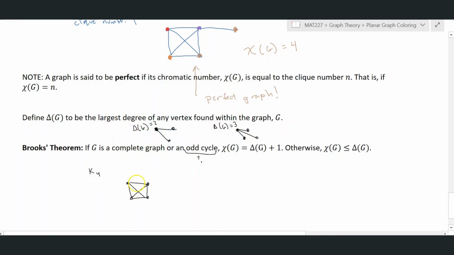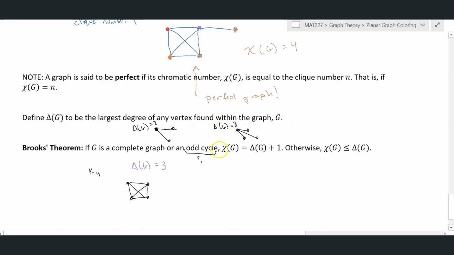Now, all of these vertices in a complete graph, K4, have 3 edges, right? So that means that the delta G for this graph is going to equal 3. That's the largest degree of any vertex. In fact, all of them have delta G equal to 3, but 3 is the largest degree of any vertex in that graph.